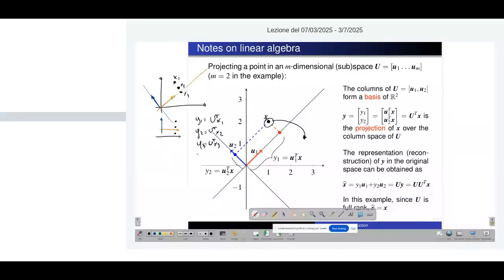Now let's do something that may look weird: let's treat these points as if these were coordinates of new points in the original frame. So let's take these y's and treat them as coordinates of new points in the original frame. What do I get? I get that these points would be somewhere like here.